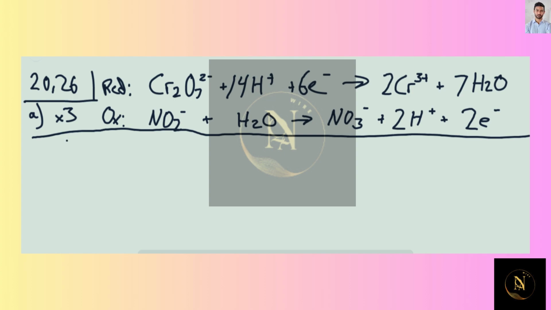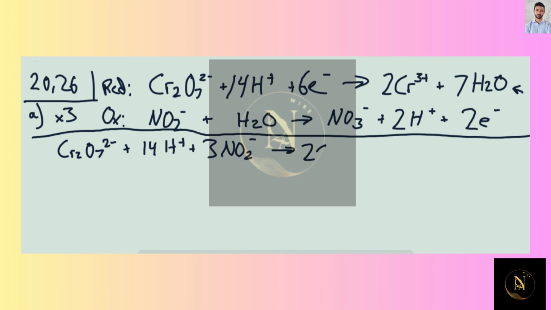We get Cr2O7 2- plus 14 protons plus 3 NO2-. Our water will cancel with this water here, so we don't have any water here, and our electrons cancel.